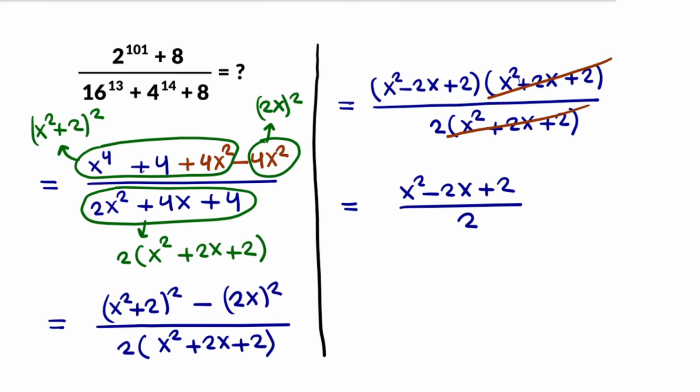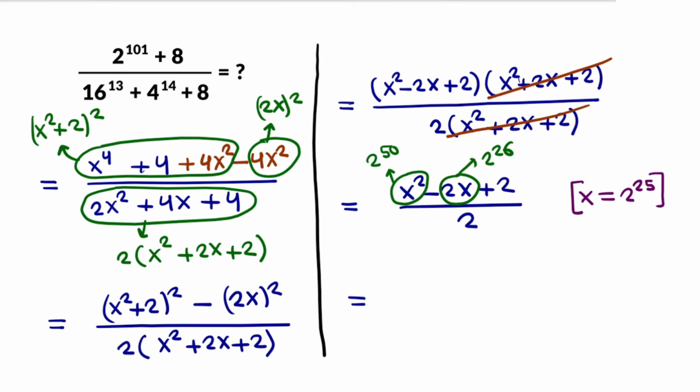We are at the finish line. Let's plug our actual numbers back in. Remember, x equals 2 to the power of 25. So x squared is 2 to the power of 50. 2 times x is 2 to the power of 26.